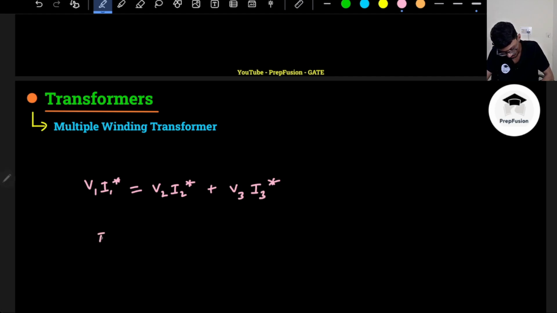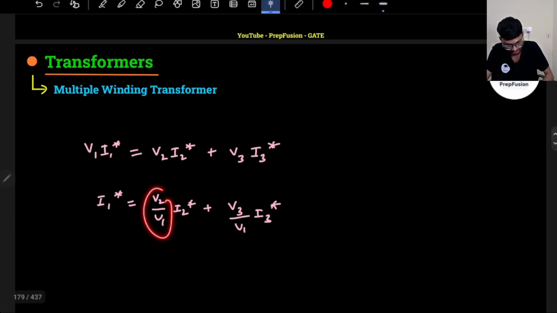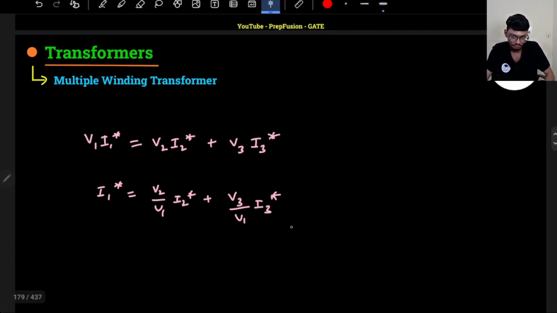If I divide by V1 on both sides, this will be I1 star equals V2 by V1 into I2 star plus V3 by V1 into I3 star. V2 by V1 is just N2 by N1, and this is N3 by N1. All these are complex.